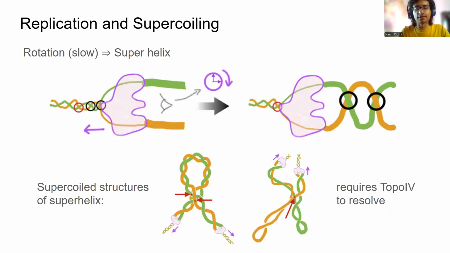However, there is one other thing that can happen special in replication. Over long time scales, this replication machinery can actually rotate. It's just very slow.